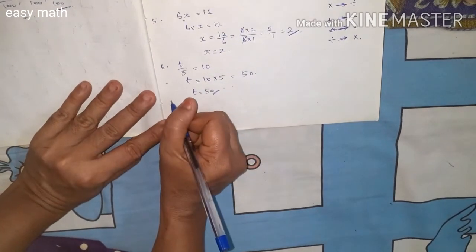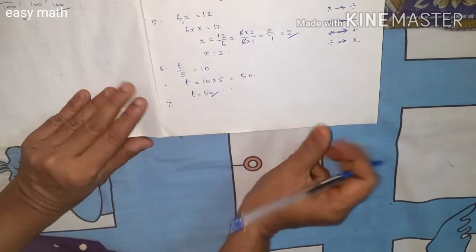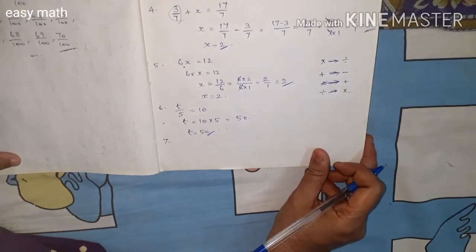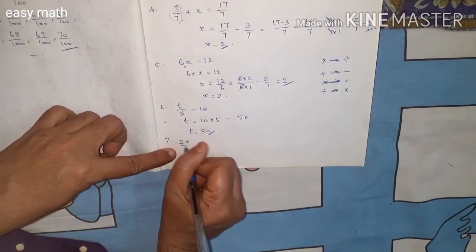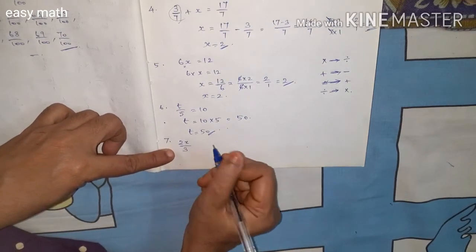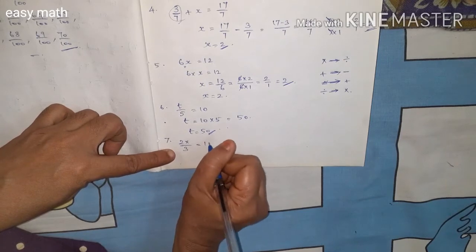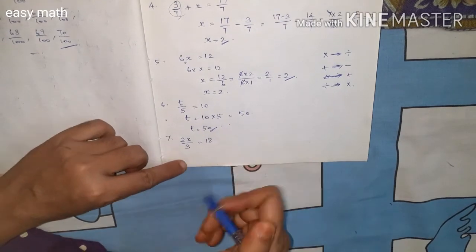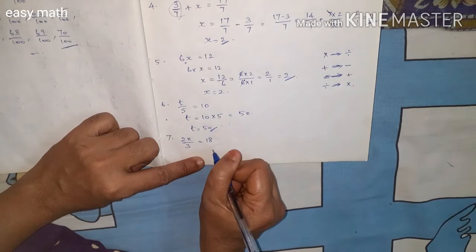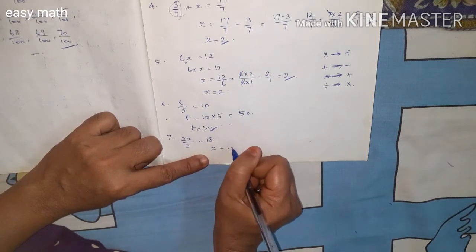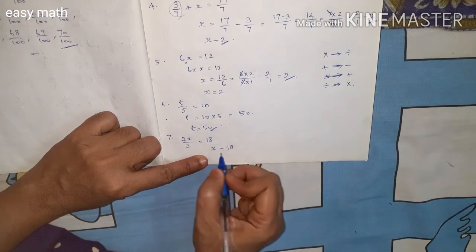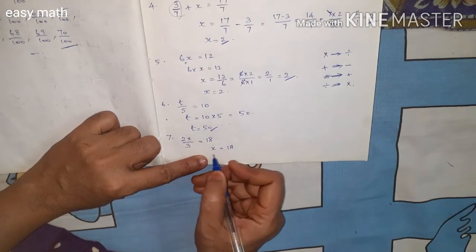Seventh sum, 2x by 3. That's equal to 18. Here 2x by 3 equal to 18.